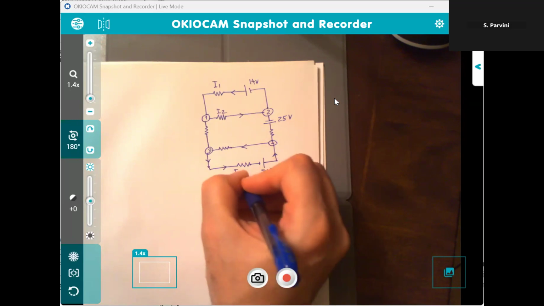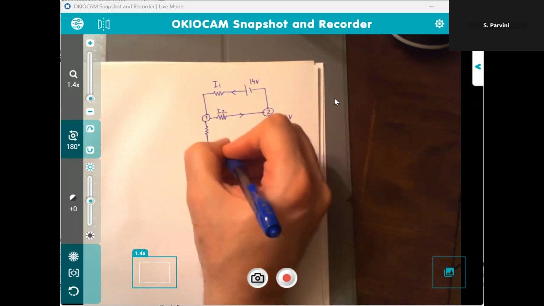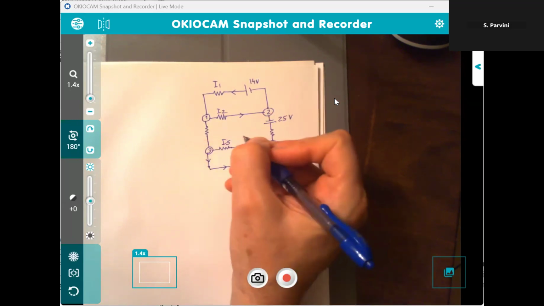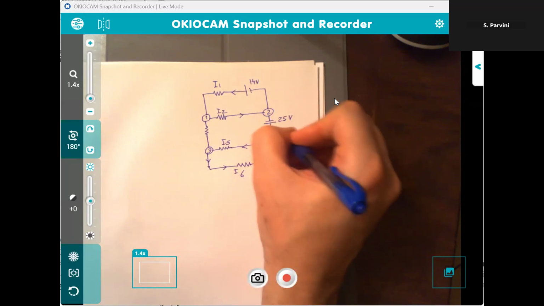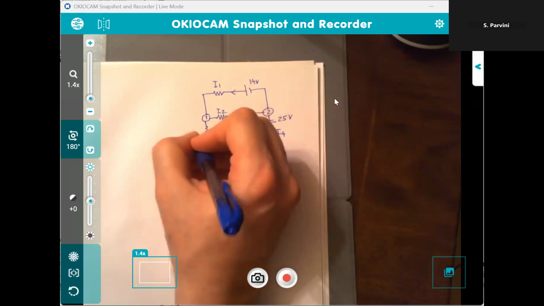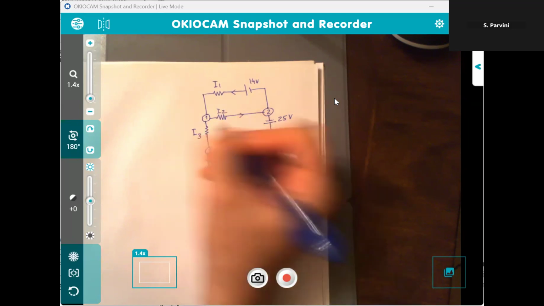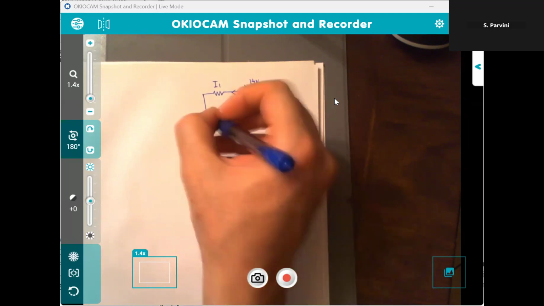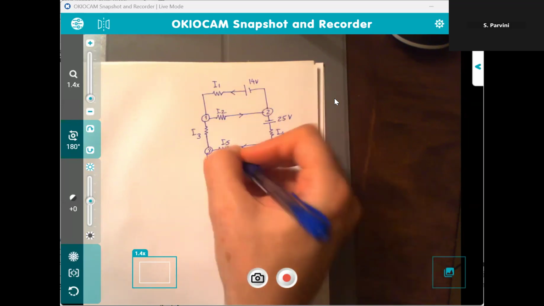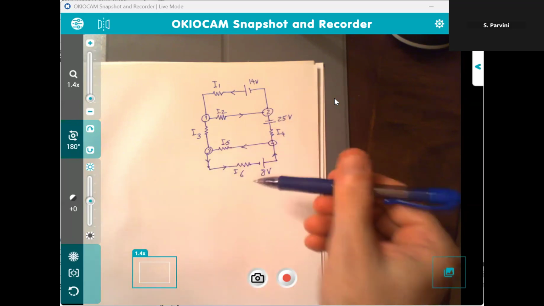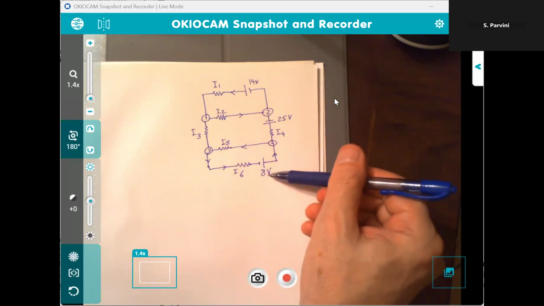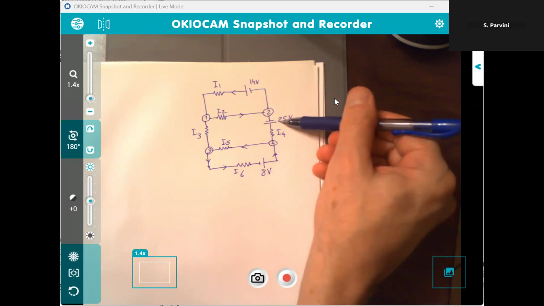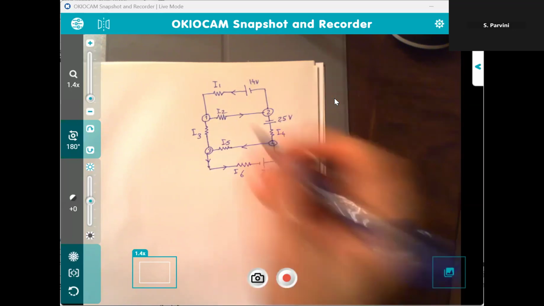This would be I6. This one is I5. This one I4. I'm just copying from the book, folks. That's how he labeled them. And this is 1, 2, 3, 4, 5, 6. The voltages I got, that's 8. And this is 25. That's 14. There are 3 sources there.